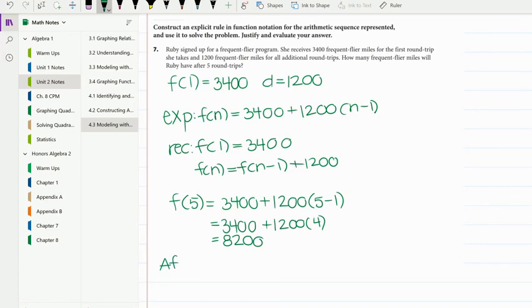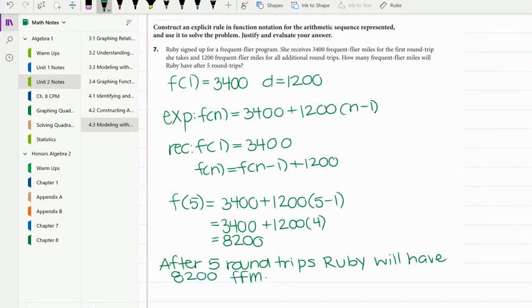So after 5 round trips, Ruby will have 8,200 frequent flyer miles. I'm going to abbreviate that, FFM, frequent flyer miles. Okay, so again, what we just did was looked at sequences from different types of representations.